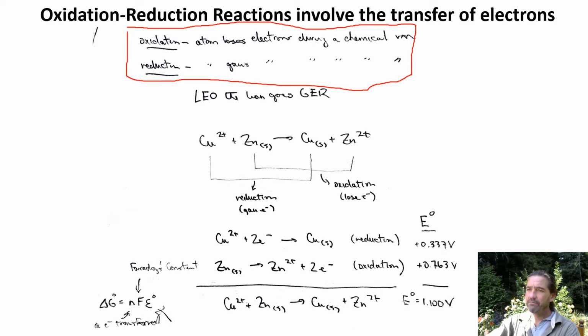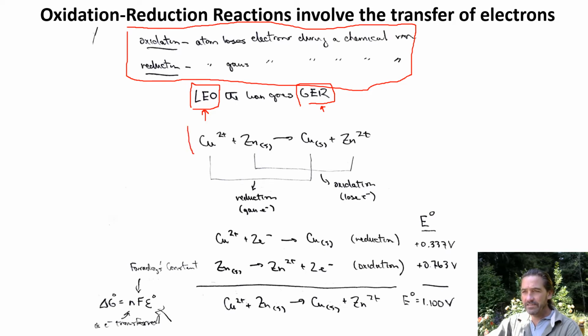And reduction is when atoms gain electrons during a chemical reaction. One easy way to remember that lost electrons in oxidation and gain electrons in reduction is Leo the lion goes grr. There are other ones as well.